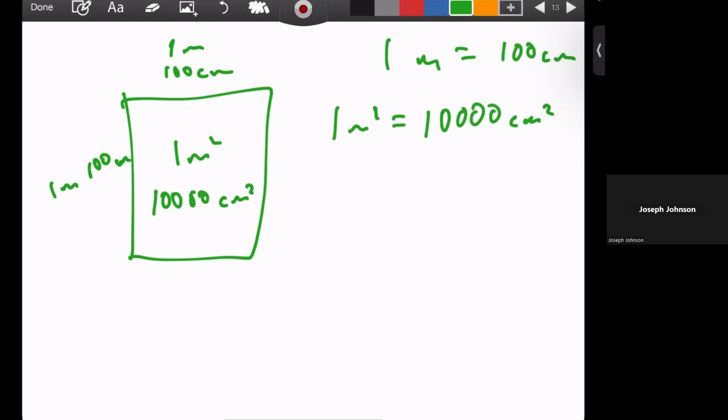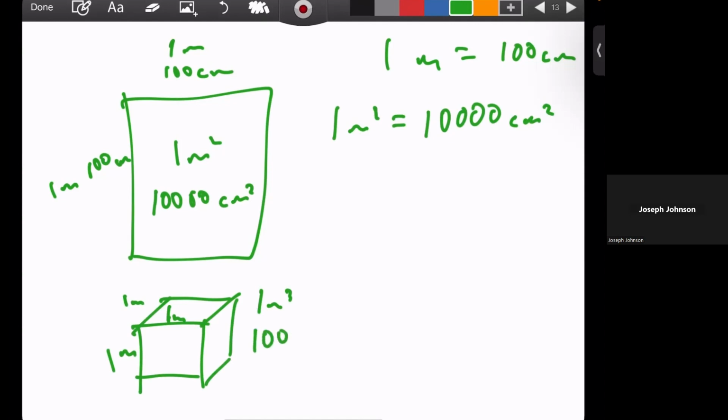A cube is 1 meter by 1 meter by 1 meter, which is 1 cubic meter. But that's 100 centimeters by 100 centimeters by 100 centimeters, which is 1,000,000 cubic centimeters. So 1 meter cubed is equal to 1,000,000 centimeters cubed.